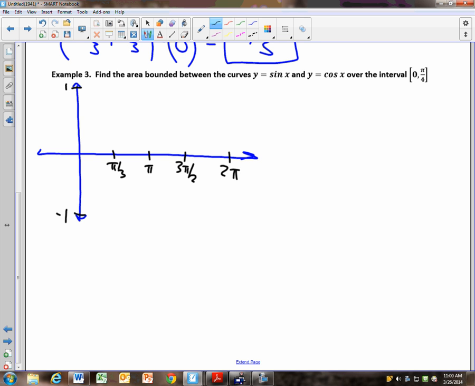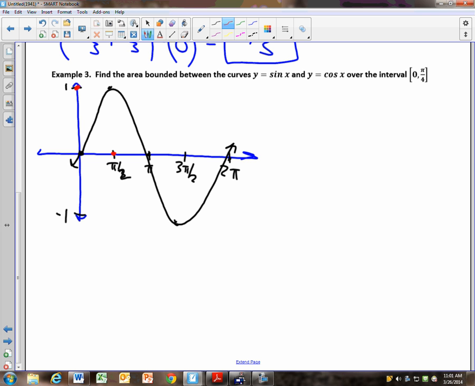So we've got it. Where does sine start? 0, and it goes up to 1, and then comes back down right there. So here's my sine graph. You okay with that? Cosine, where does it start? 1.